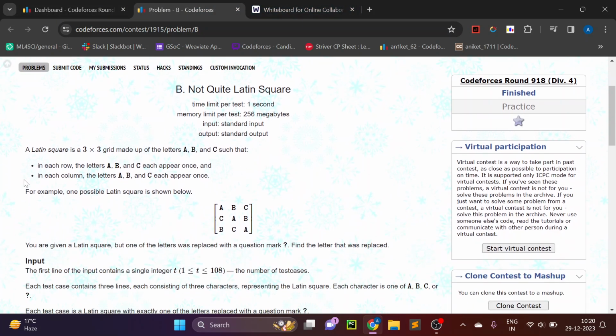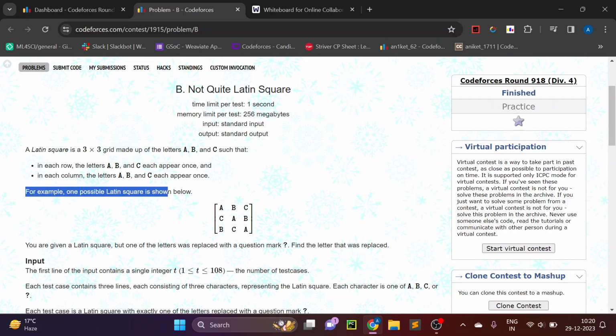Now in the second question we are given a 3 by 3 grid, and the grid contains only A, B and C, and this kind of grid is known as a Latin square if in each row the letters A, B, C appear once and in each column the letters A, B, C appear once.